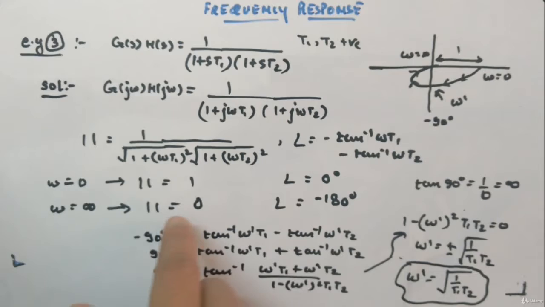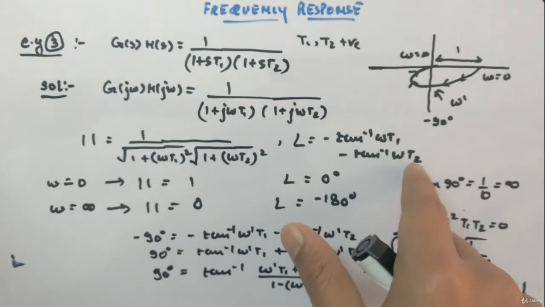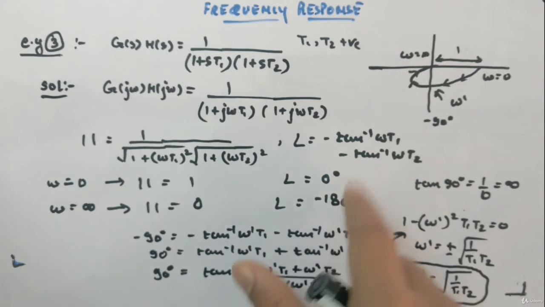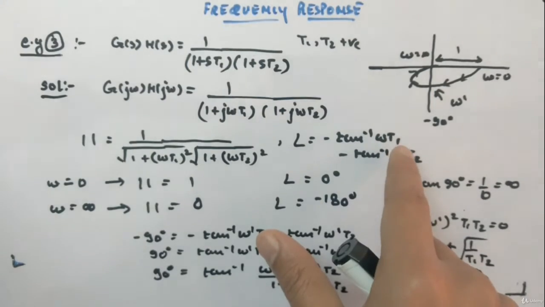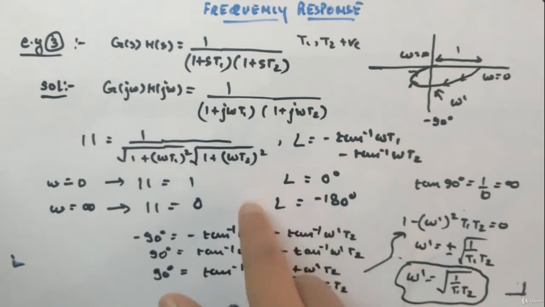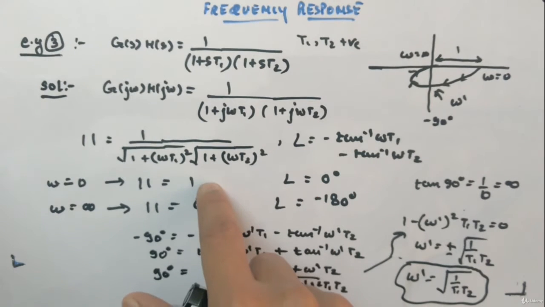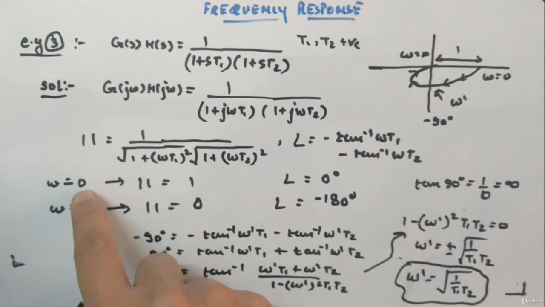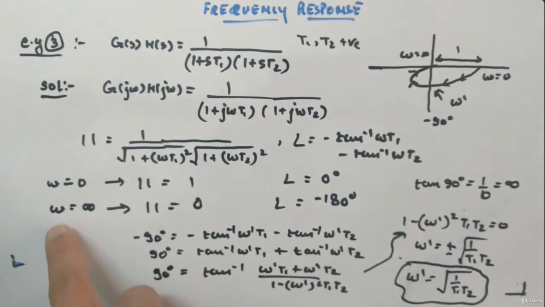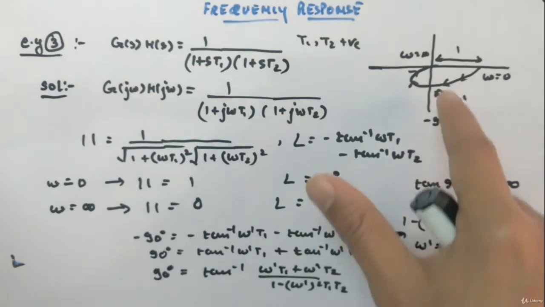The magnitude is 0, and the angle will be minus 90 minus 90, that is minus 180 degree, because tan inverse infinity is 90 degree. So at omega equal to 0 the magnitude is 1 and the angle is 0 degree, which is this point, and at omega equal to infinity the magnitude is 0 and the angle is minus 180 degree.